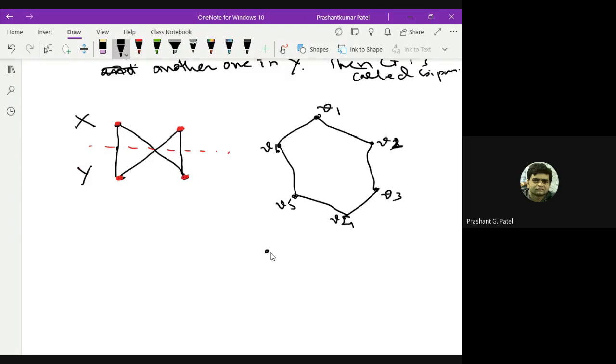So I am writing V1 here and V2 here and V6 here. Now V2 is connected with V3. So V2 is here, that is connected with V3. And V3 is connected with V4. So that should be here, V4.